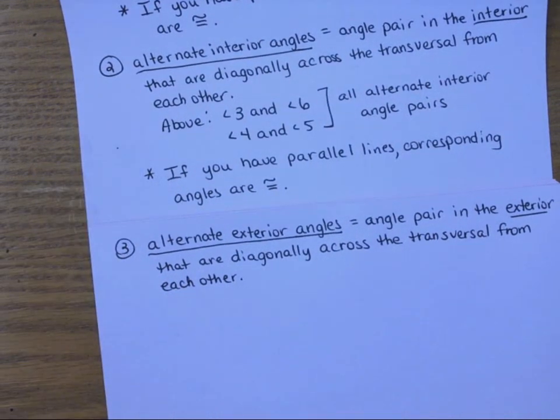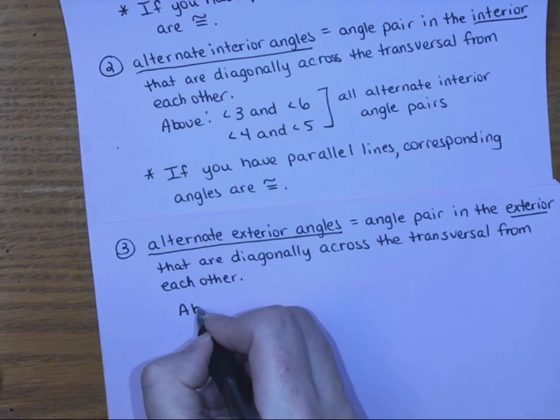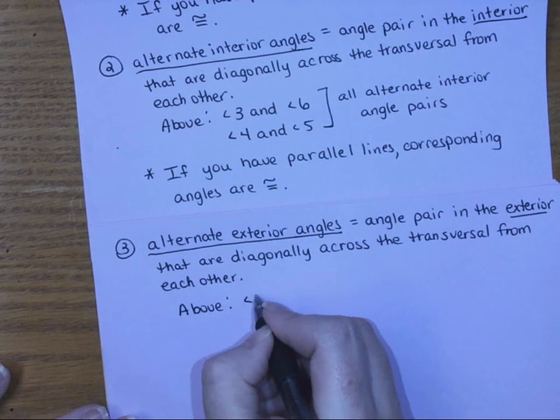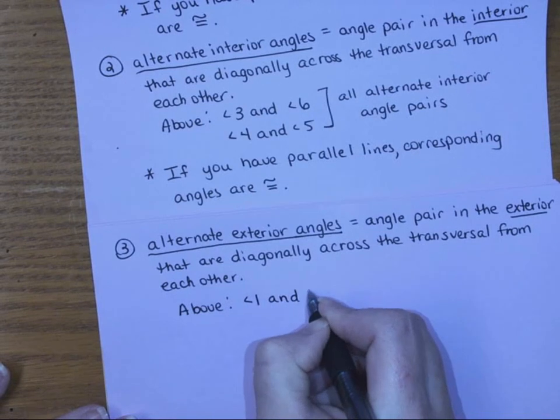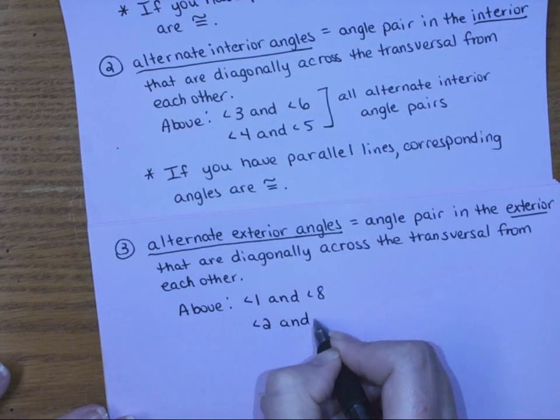So if you look at our above picture, the only ones that are even exterior are 1, 2, 7, and 8. So the one that would be diagonally across from 1 would be 8. And the one that is diagonally across from 2 would be 7.